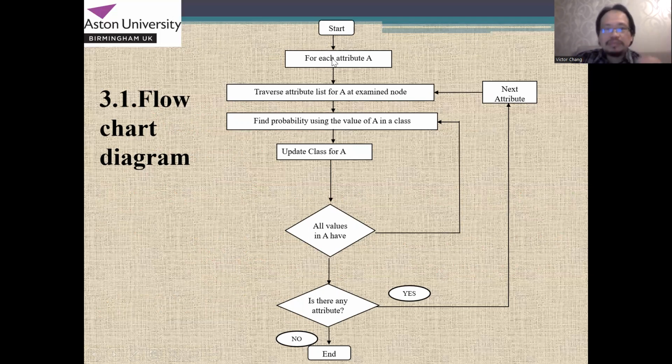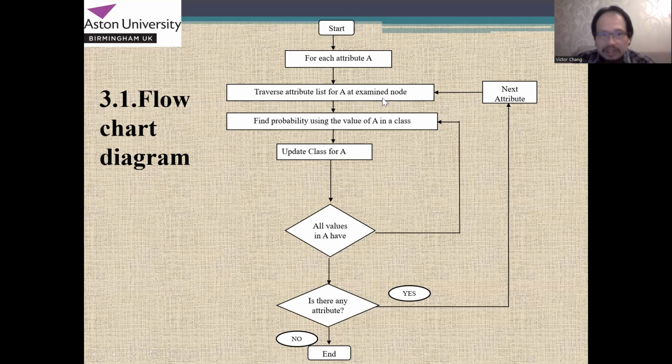For instance, for every data set, every patient, you have an attribute A. An attribute may mean, for instance, BMI, or glucose level in a diabetes patient, or it may even mean pregnancy. I'm going to explain that a bit later. Then we traverse the attribute list for A in the examine node.